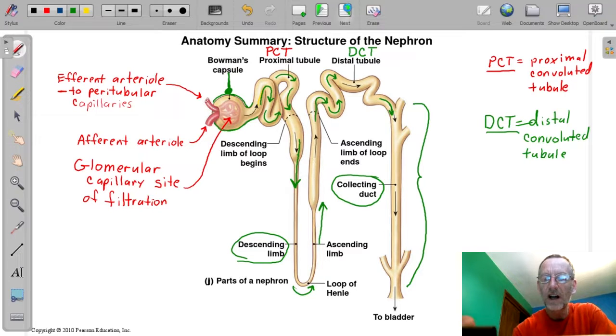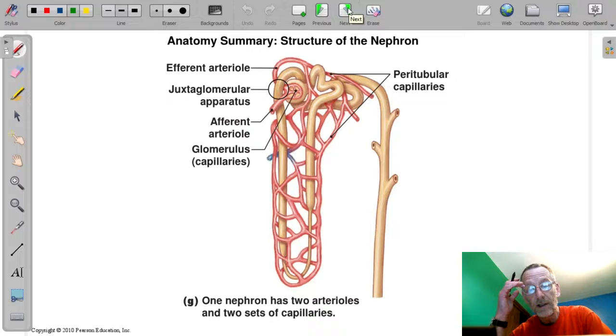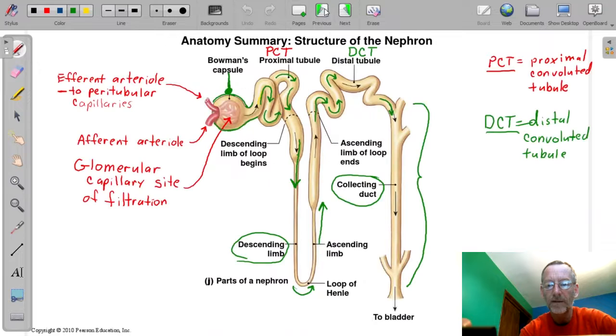The next slide shows the vascular side of it. So there's a couple of things here. It's basically the same picture that we had on the previous slide. So I'm going to back up.